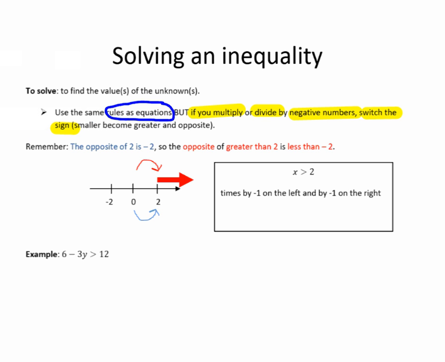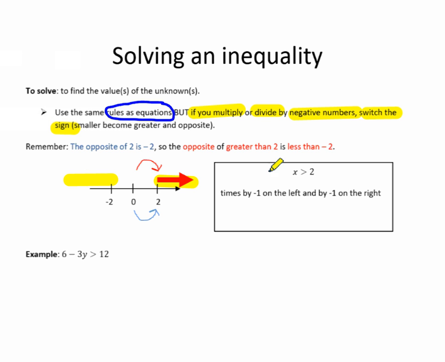Why is that? If you look at the picture here, the opposite of 2 is negative 2, right? So if I'm talking about greater than 2 and I want to do the opposite of that, it's going to be smaller than negative 2, right?